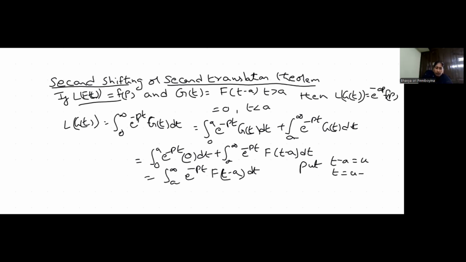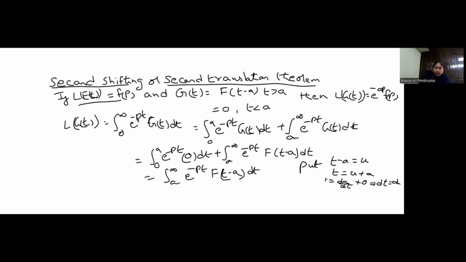Differentiating with respect to t, t with respect to t is 1, u with respect to t is du by dt, and the derivative of a constant is always 0. Then we get dt equals du.